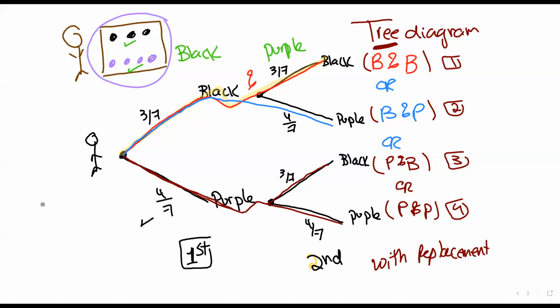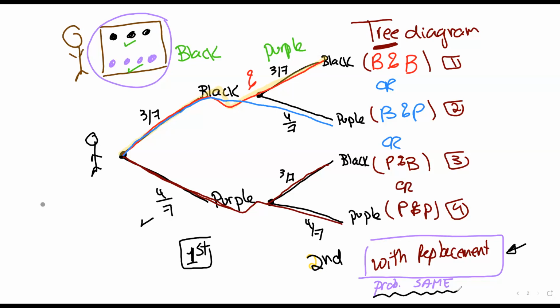With replacement simply means that the probabilities will be the same all through the question. When he gives it back, the total will always and forever be 7.